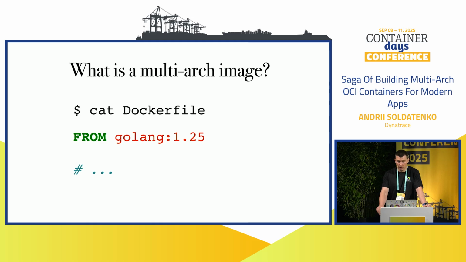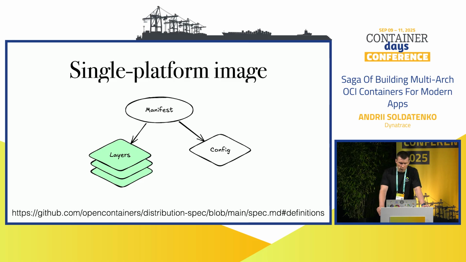It has ARM and AMD and even different variations of ARM, like V7, etc. Under the hood, if you go into the specification of Open Containers, I highly recommend reviewing it. A single platform image is just a manifest with layers, a JSON file, and a specification defines, for container runtime implementers, what needs to be done to make something an image instead of just a bunch of files and JSON files. And it has a config.